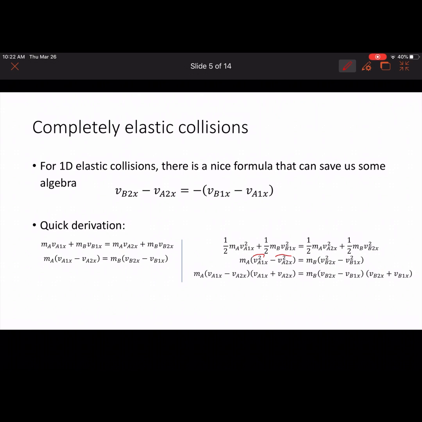And now the little bit of magic comes in. Take a look. MA times VA1X minus VA2X shows up in both equations. That is equal to MB times VB2X minus VB1X, which shows up in both equations. And so if these two things are equal to each other, it means I can cancel them right on out.